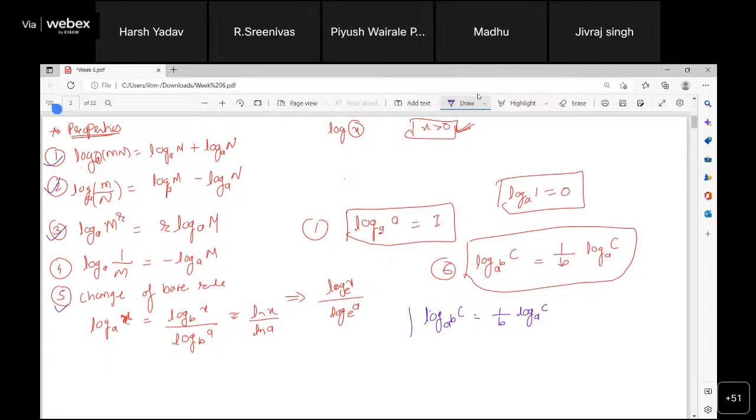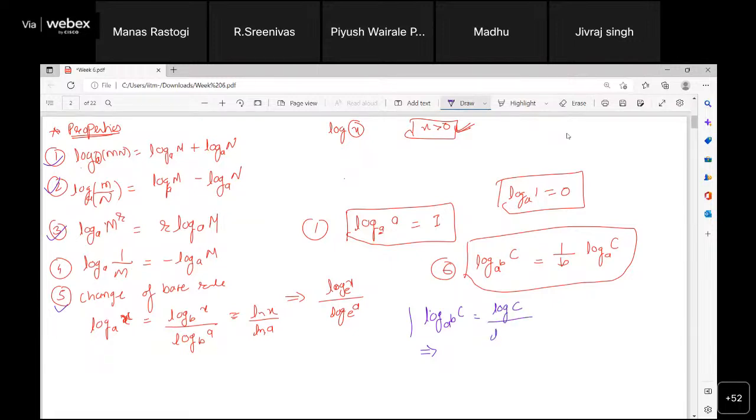Sir, we will change the base, by the fifth property. Yes, we can use property 5, the change of base rule, to justify it.